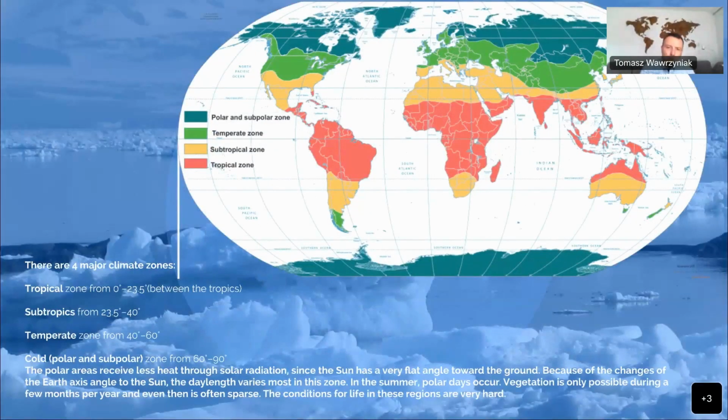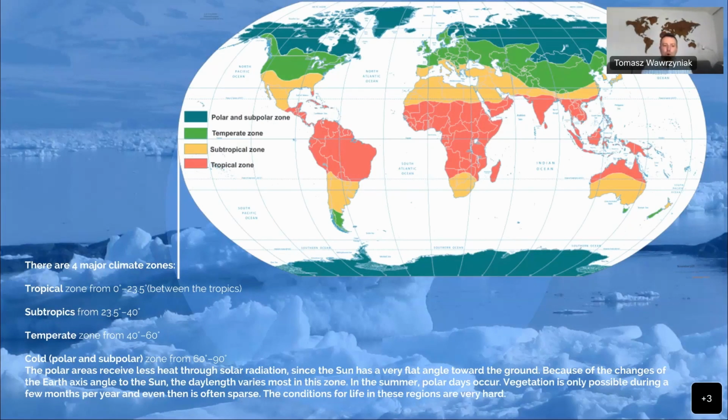There are 4 major climate zones of the Earth. The tropical zone is between the tropics, so between latitudes 23.5 degrees north and 23.5 degrees south, including the equator. There are also subtropics from 23.5 to 40 degrees north and south, and also the temperate zone from 40 to 60.